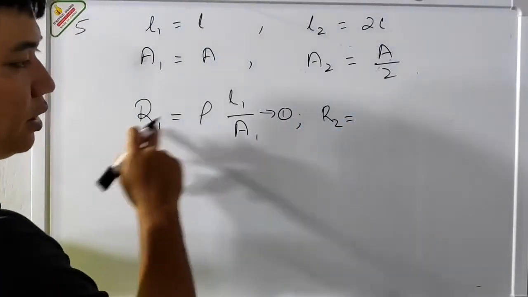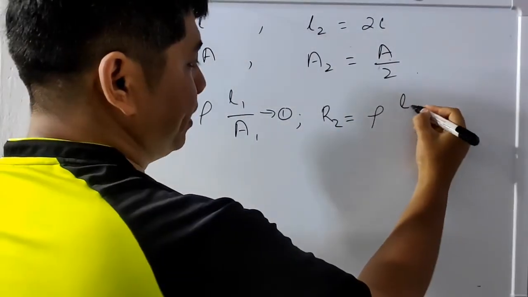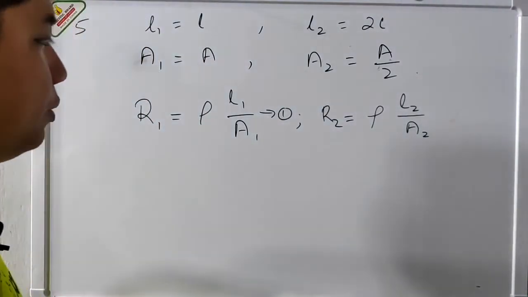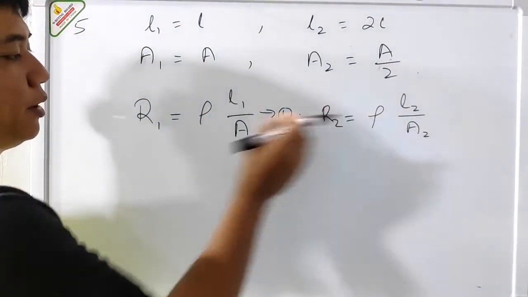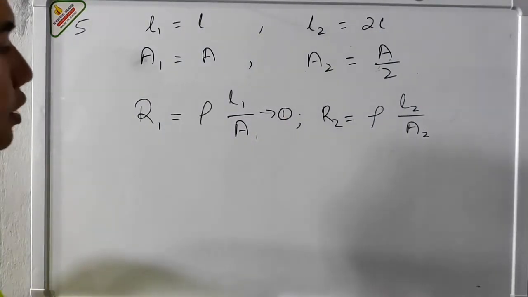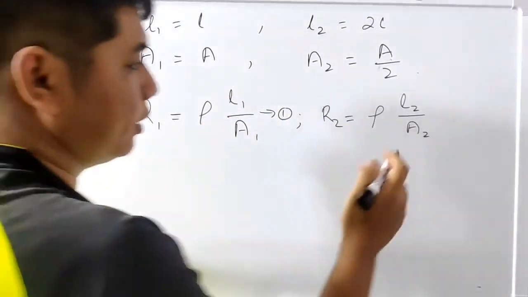This is the original resistance. This is the new resistance. It will be rho L2 by A2. Why do I put the same resistivity? Because the resistivity does not depend on the length and the area. It is a constant. It does not change with change in area and length.